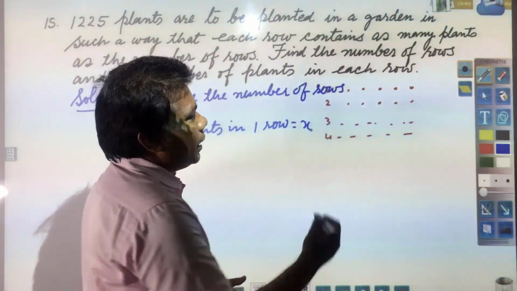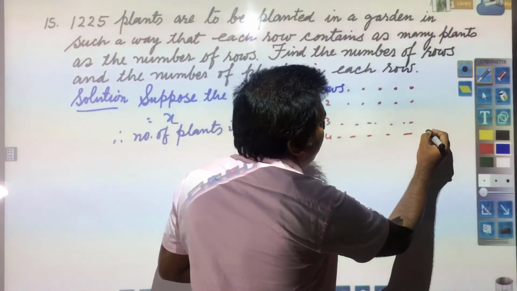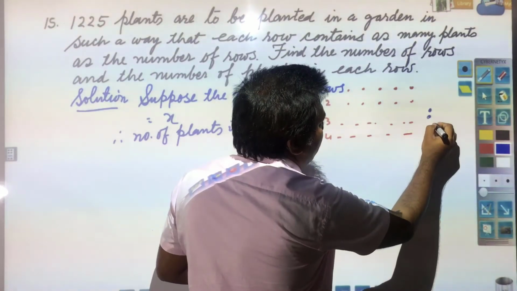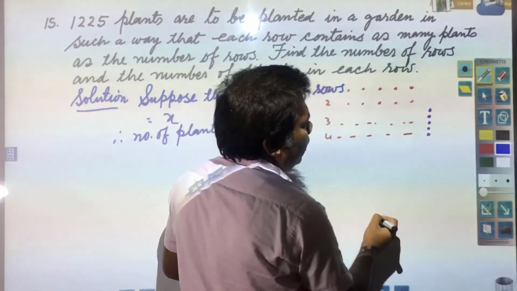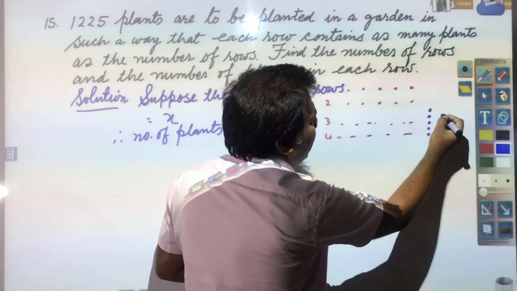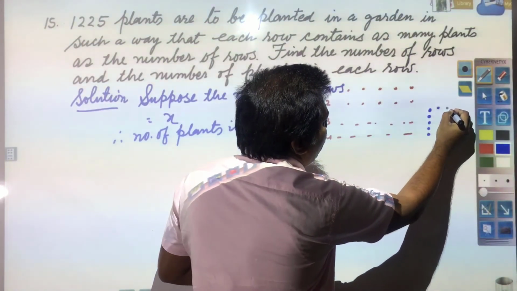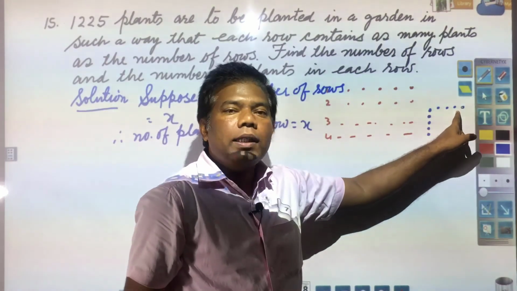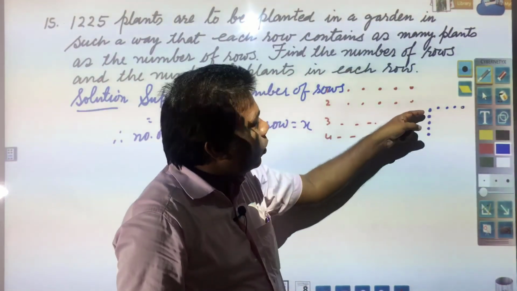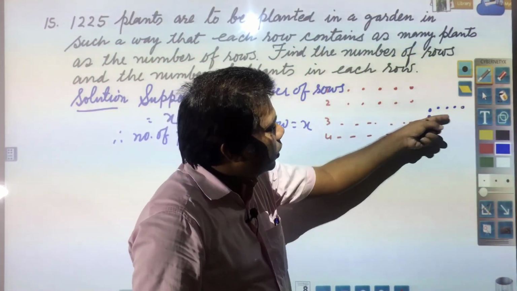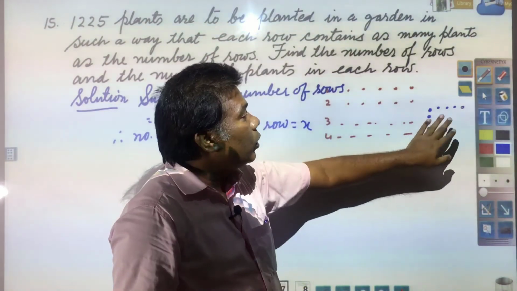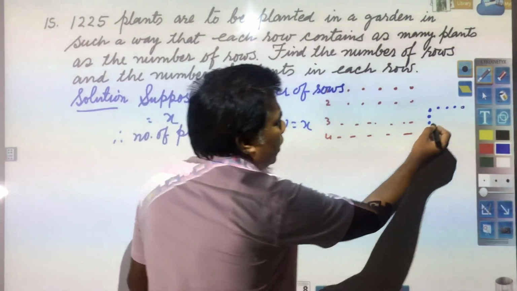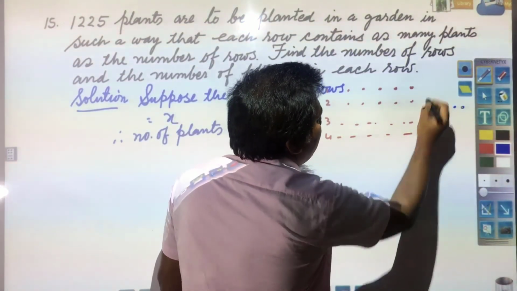Suppose you take a very simple example. Suppose in 5 rows you have 1, 2, 3, 4, 5. In one row you are planting 5 plants, 1, 2, 3, 4, 5. It means the number of plants in one row is equal to the number of rows. So, how many total plants will you have?